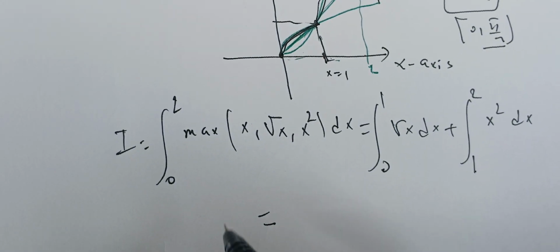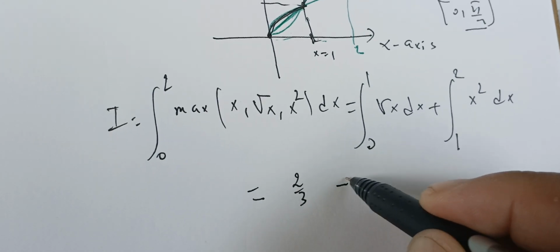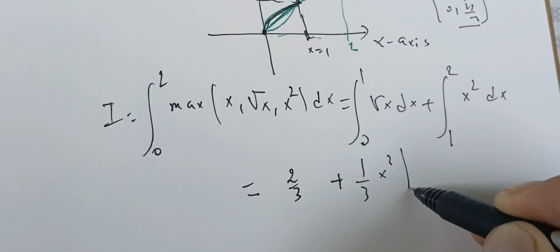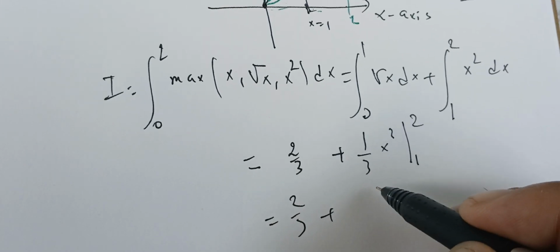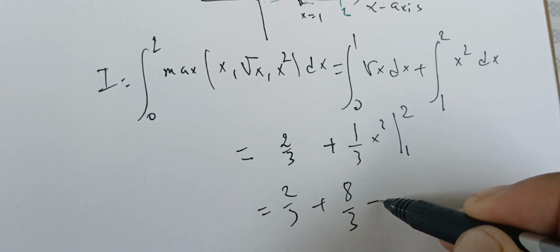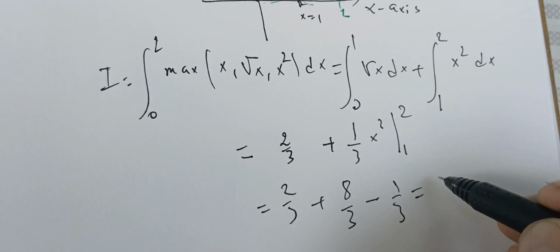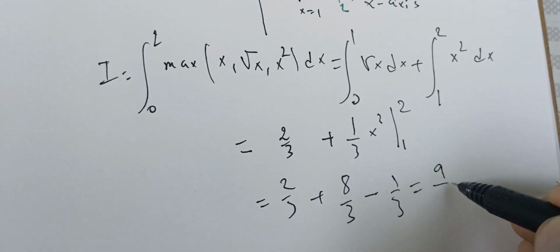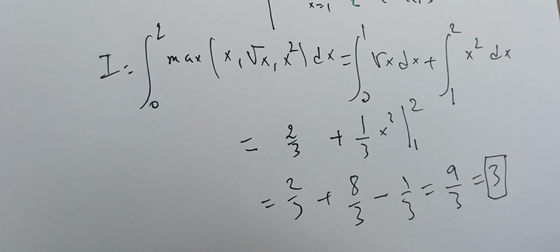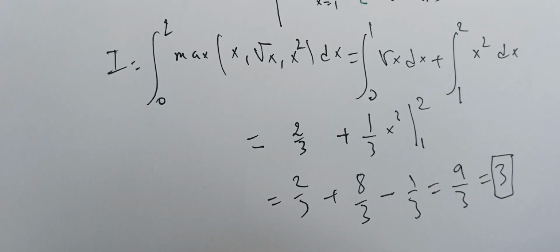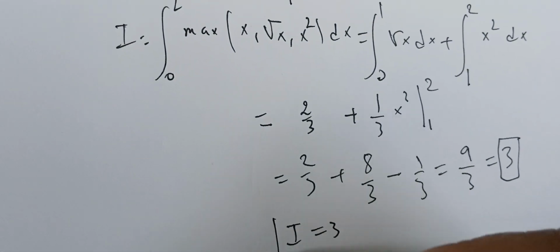So this is just 2 over 3 plus 1 over 3 x cubed between 1 and 2, and 2 over 3 plus 8 over 3 minus 1 over 3. So it's going to give me 10 minus 1, so 9 over 3, which is 3. So therefore, my value of this integral is 3. So I, in this case, is 3.